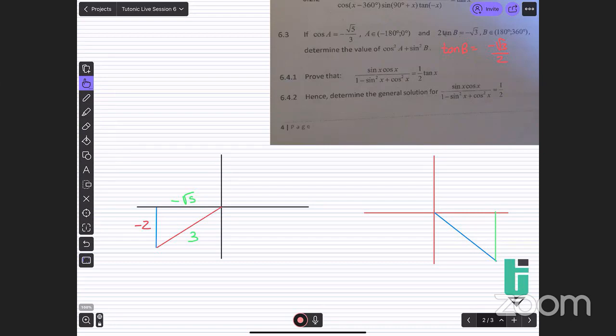It will be negative √3 and the adjacent will be 2. And the hypotenuse? We have to find it. I want you guys to calculate the hypotenuse side.